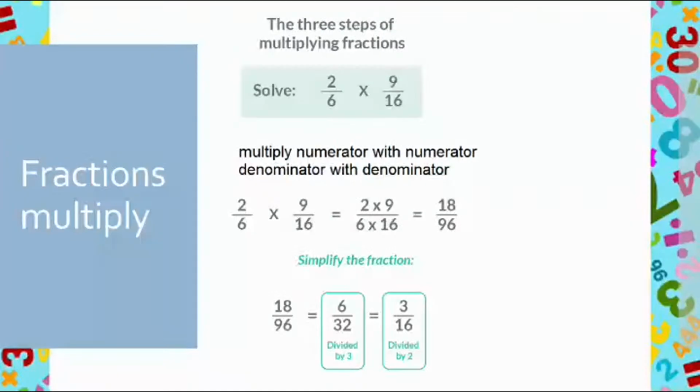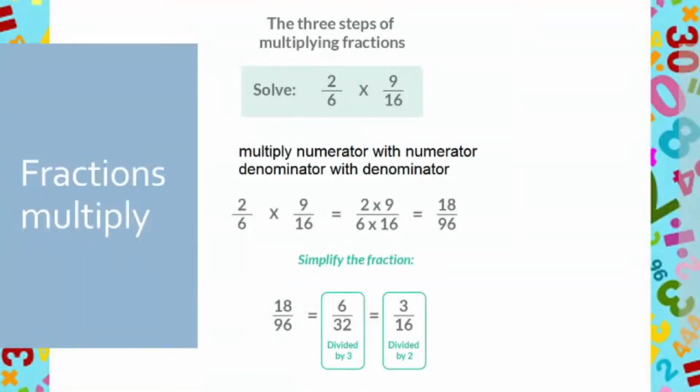And further 96 and 18, that is the fraction 18 upon 96, can be also simplified. So when you simplify that, firstly I have divided with 3 and I obtain 6 upon 32. And 6 and 32, since both of them are even numbers, we will divide them further with 2, and the final answer will be 3 upon 16.